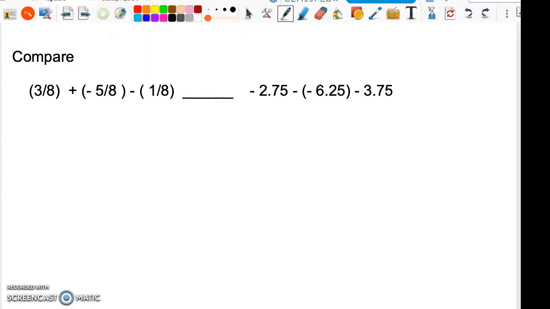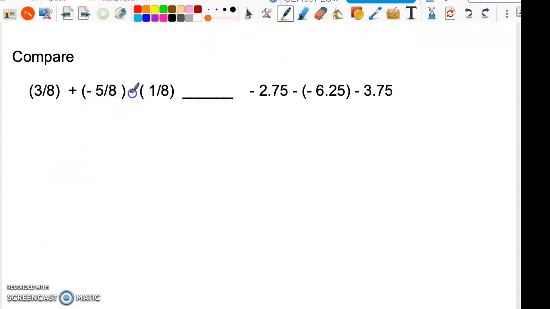All right. Here's a final comparison problem. Remember, you have to do the left side first, then the right side. Notice we have fractions and we have decimals that we're combining. Find all of the positive and negative values. So here's my negative. I have -5/8.